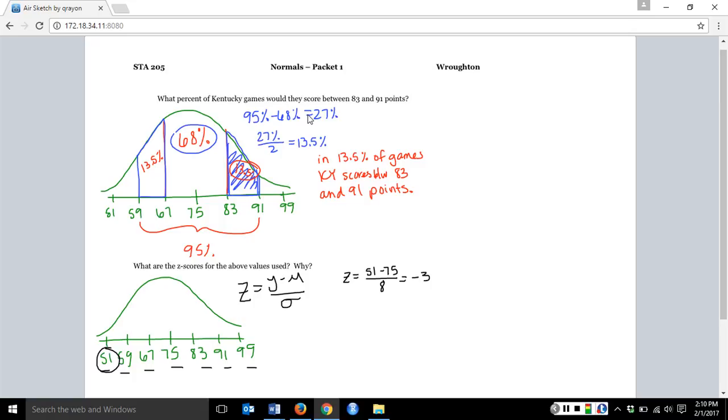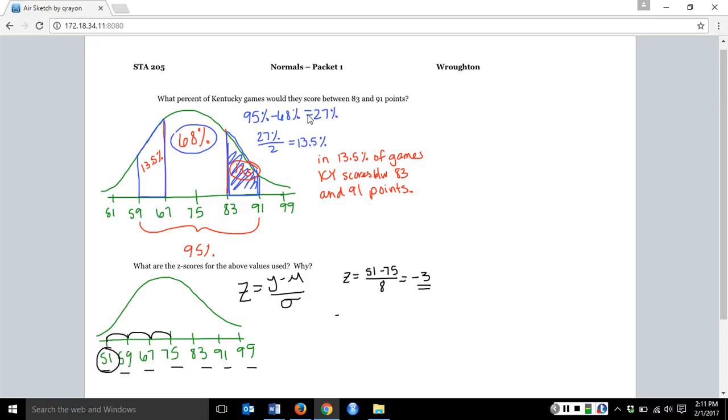Well, what does a z-score measure? It measures the number of standard deviations you are from the mean and in which direction. So this -3 is telling us that that 51 is 3 standard deviations below average. 1, 2, 3. 3 standard deviations below average.